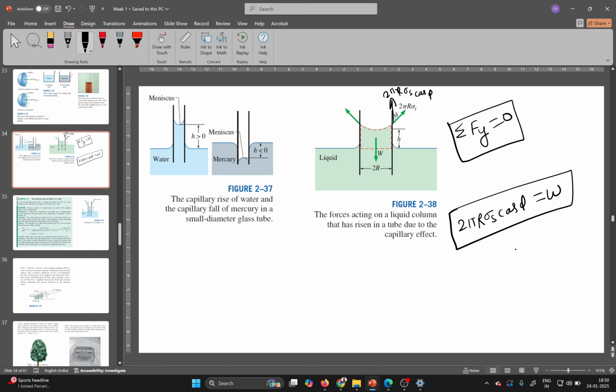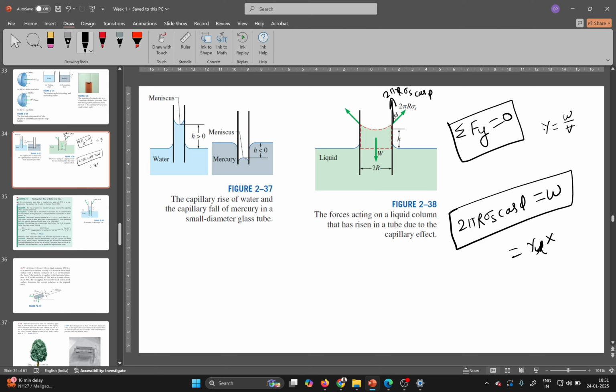So how will you calculate the weight? The unit weight of liquid, into your volume, because the unit weight formula is weight by volume.